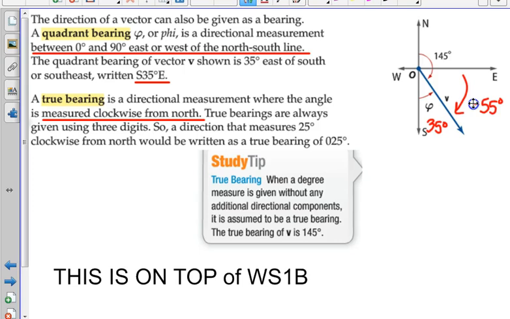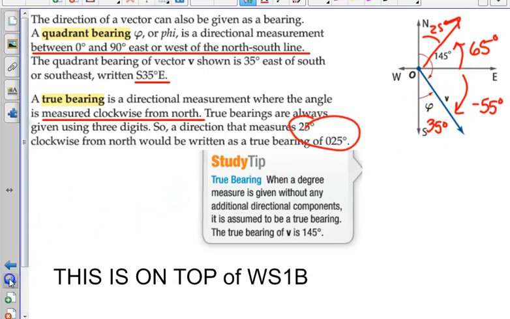You'll need a lot of geometry in this stuff, okay? A true bearing is a directional measurement always measured clockwise off of north. So if they wanted to measure off of north and end up here, this says 25 degrees. Okay, that's here. So for our purposes, we would call this 65 degrees in the positive direction off the positive x-axis.